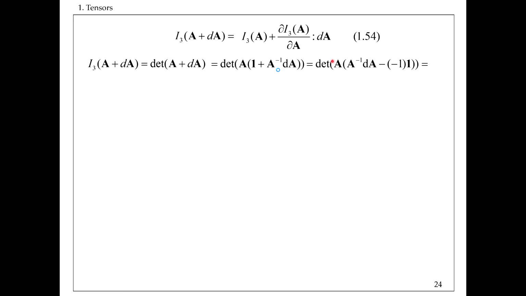Now let's separate this A from what is here in the parentheses, right? We can do that because it's a property of a determinant. The determinant of this multiplication is nothing but the multiplication of the determinants, so we can pull that A outside right here, and the rest is the determinant of what is in the parentheses, which I just copied here.